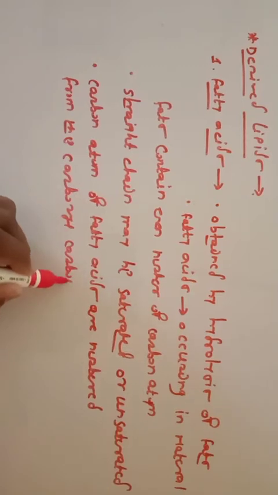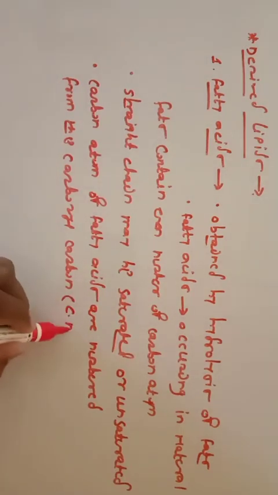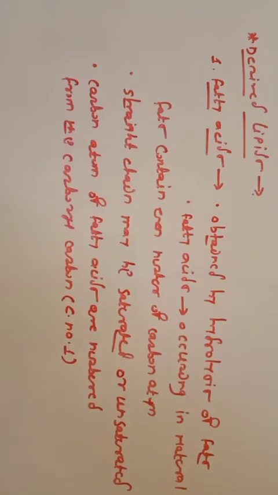The carboxyl carbon is considered as carbon number 1, and the carbon adjacent to this carboxyl carbon is considered as carbon number 2, also known as the alpha carbon.